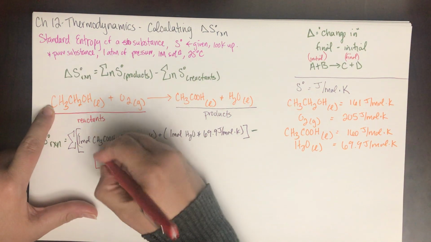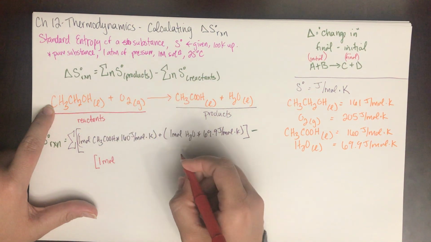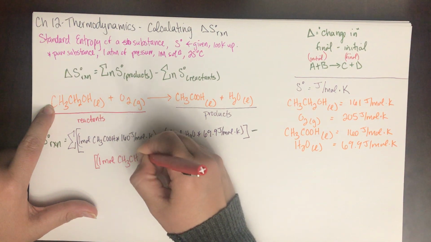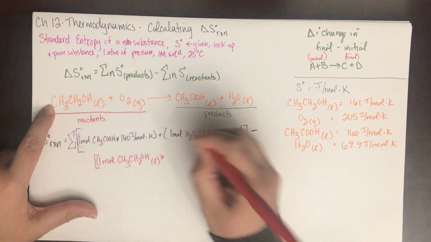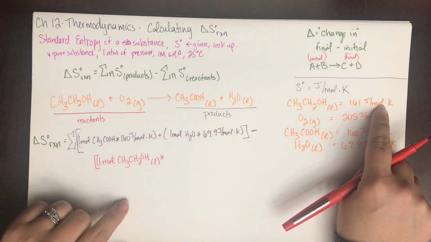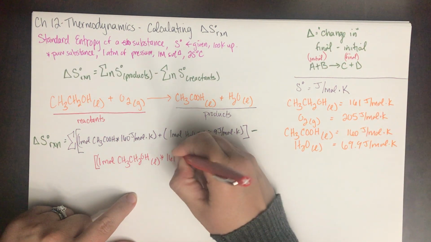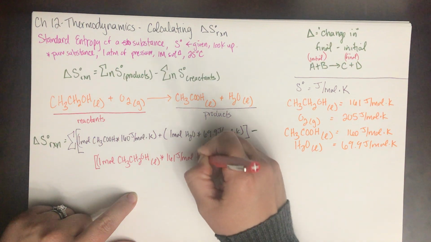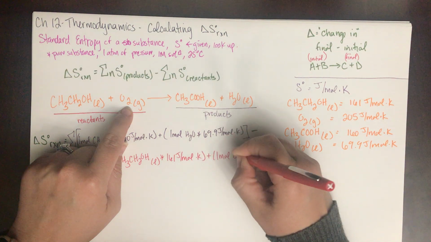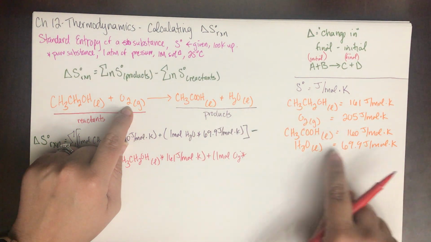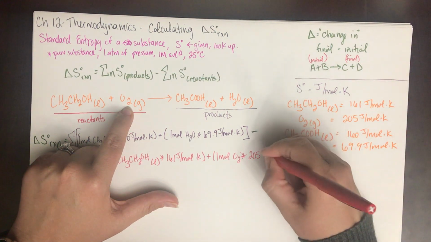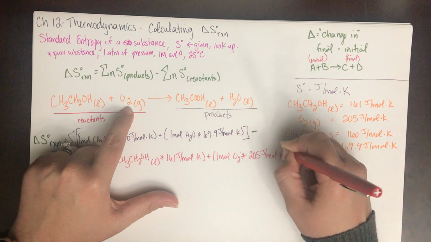So here's my ethyl alcohol, 1 mole of ethyl alcohol, times the standard entropy of 1 mole of ethyl alcohol, plus 1 mole of oxygen times the standard entropy of 1 mole of oxygen, 205 joules per mole Kelvin.